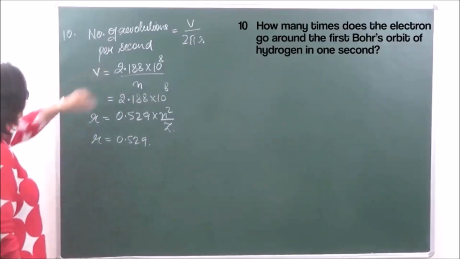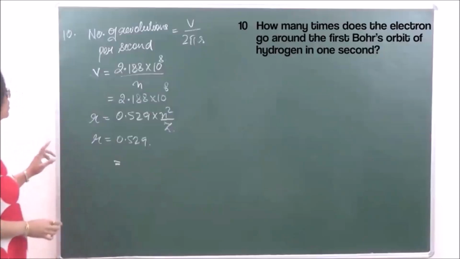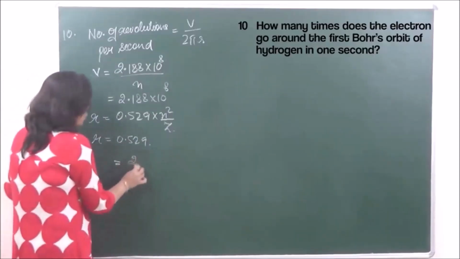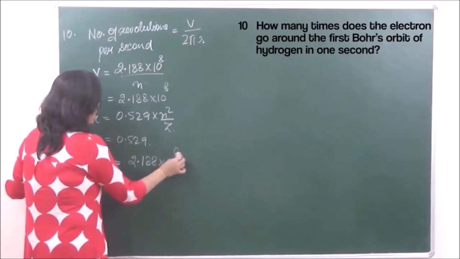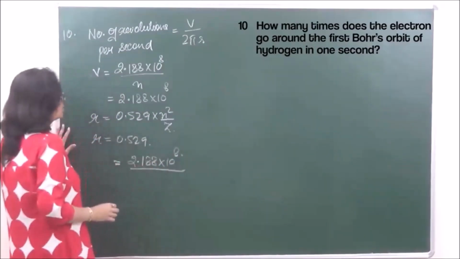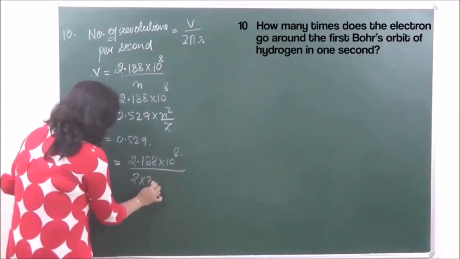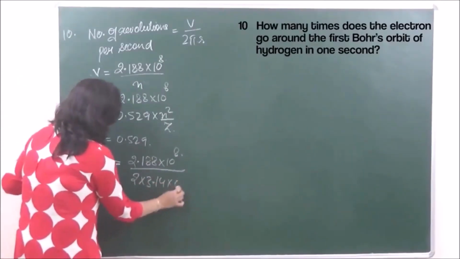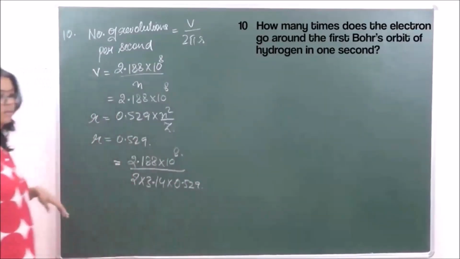Let's put the values for number of revolutions. What is velocity? Velocity given to us is 2.188 into 10 raised to power 8 upon 2 into 3.14 into 0.529.